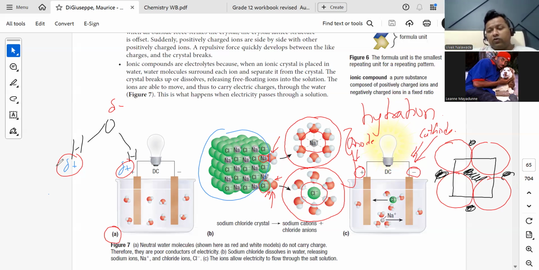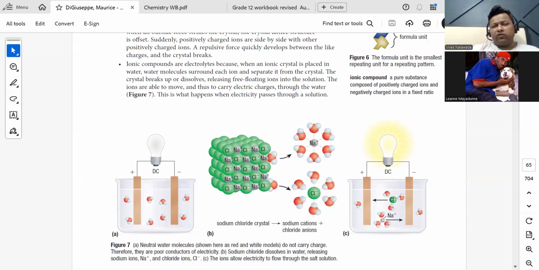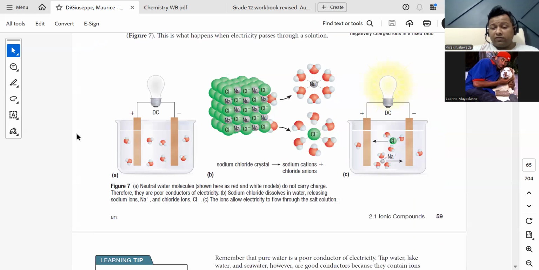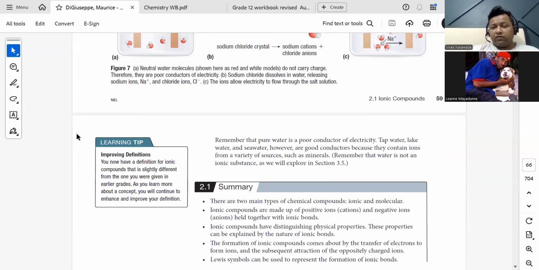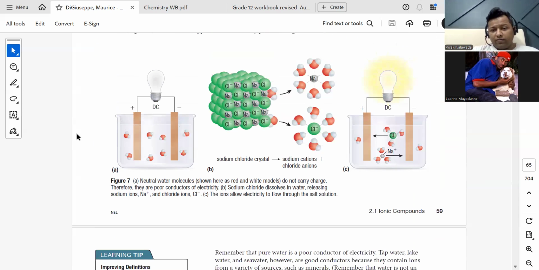So any ionic compound, when it is dissolved in water, electricity is able to be conducted. Why? Because the negatively charged particles, the anions, move to the anode. Cations are positive, they move to the cathode.